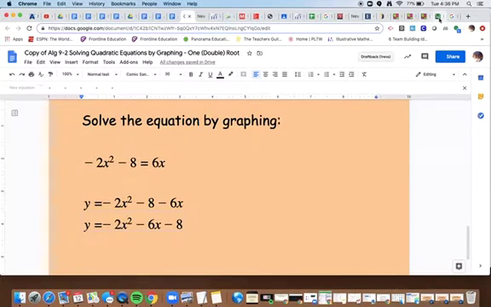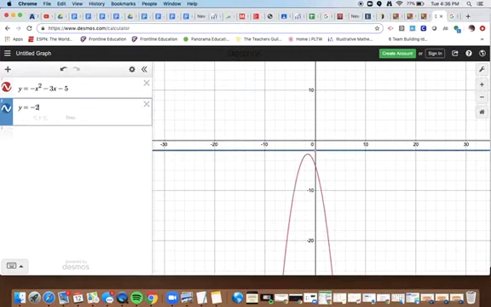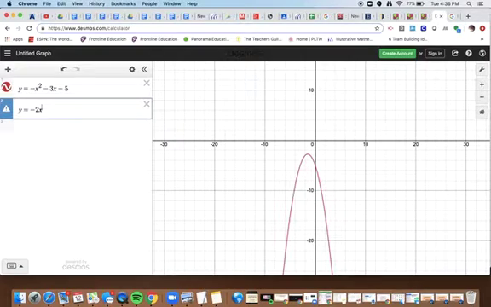If you look at it, you might wonder if that has a real root. So let's check it out. Negative 2x squared minus 6x minus 8. So y equals negative 2x squared.